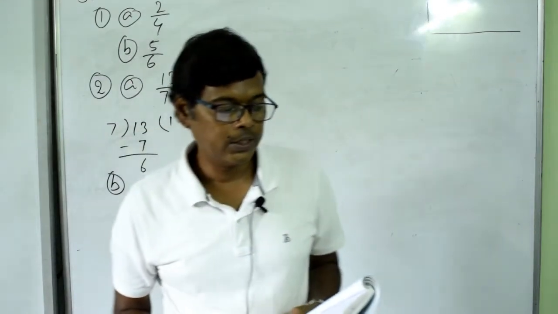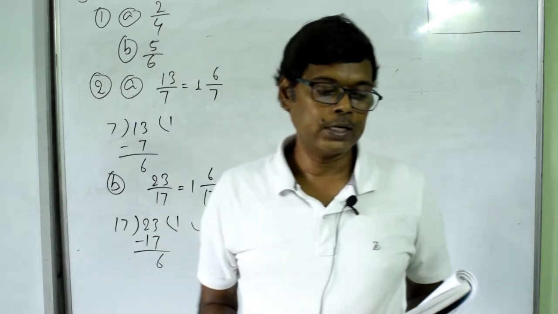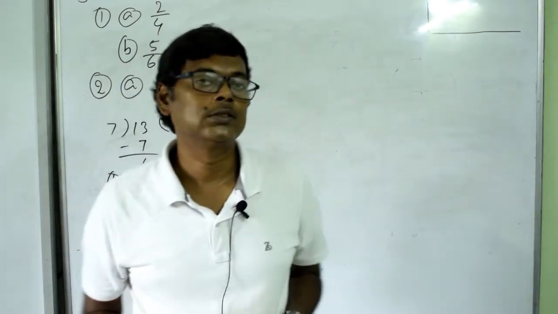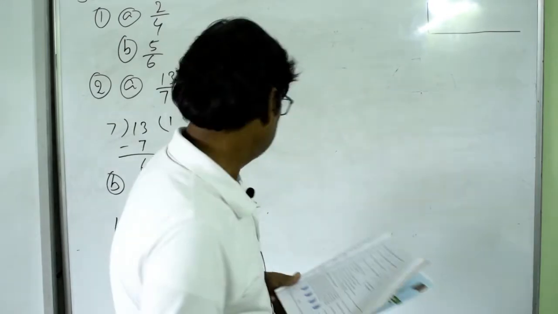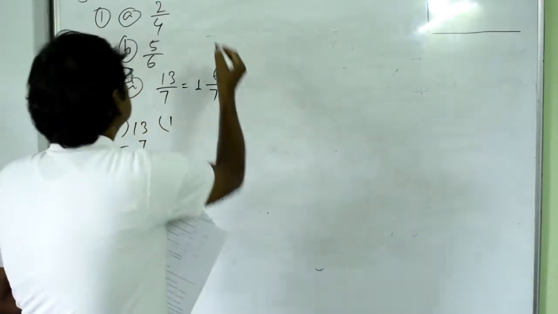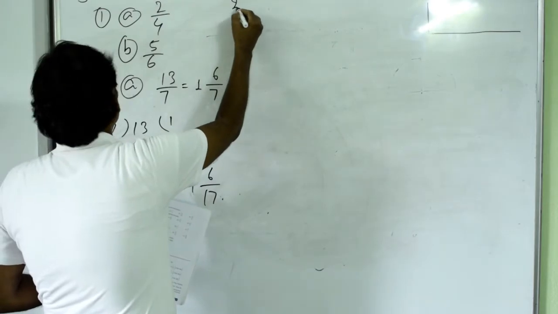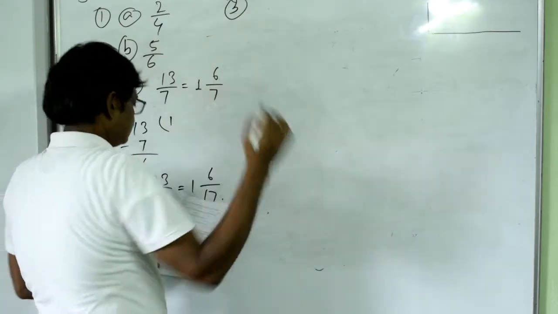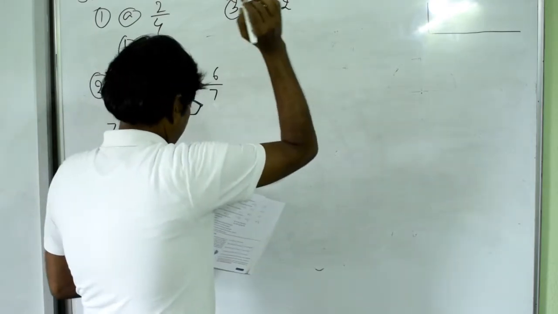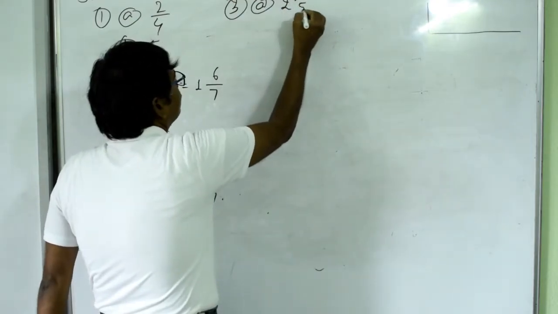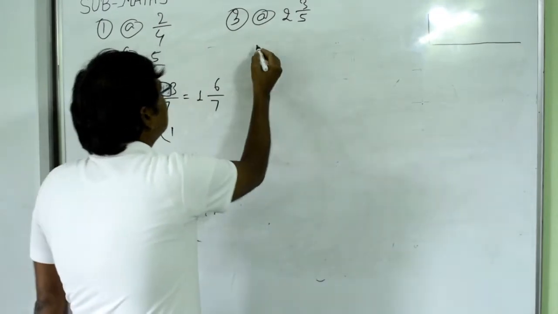Now question number 3, convert the following mixed fractions into improper fractions. Now you are given the mixed fractions and you convert them into improper fractions. So the next one is 2 and 3 by 5. How will you do it?